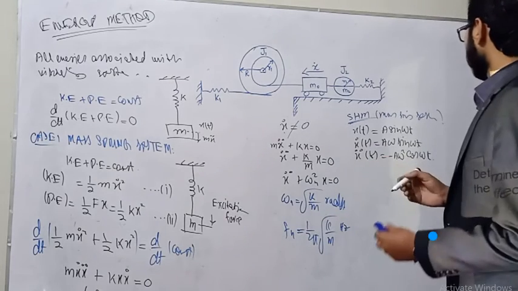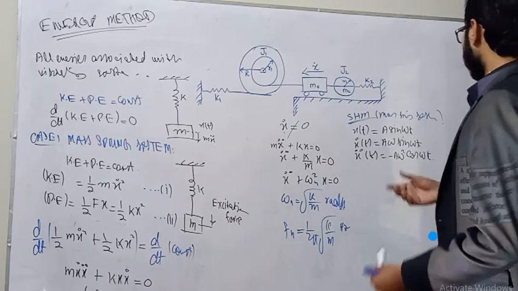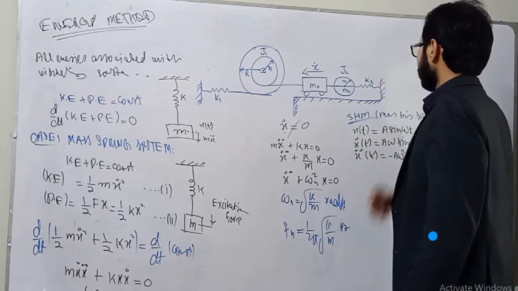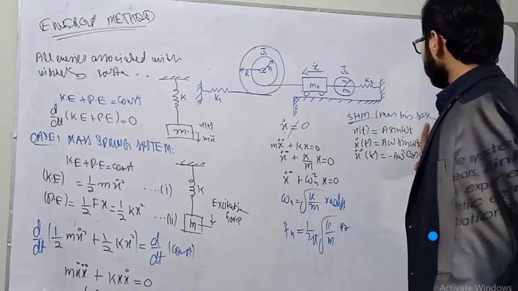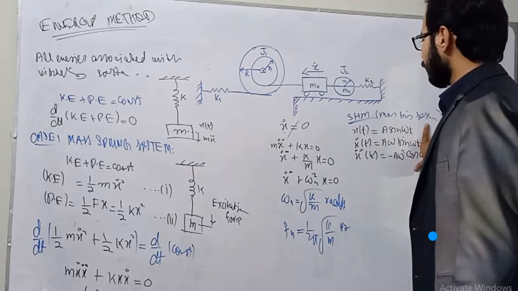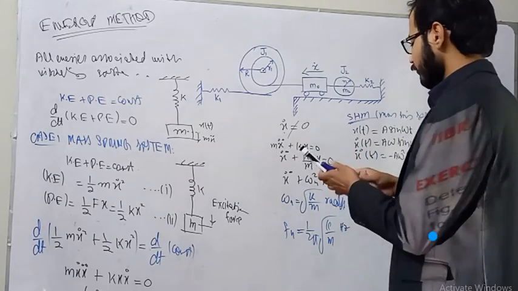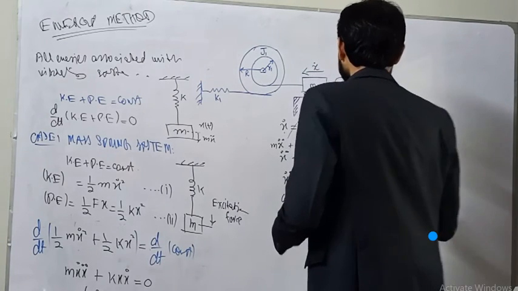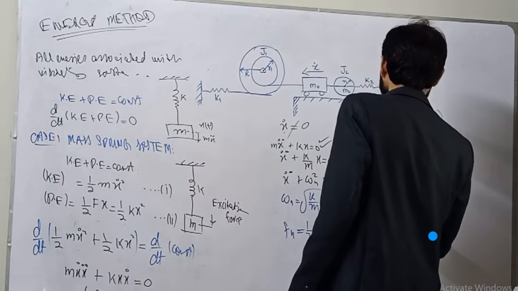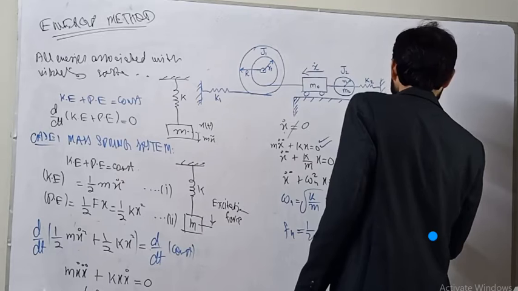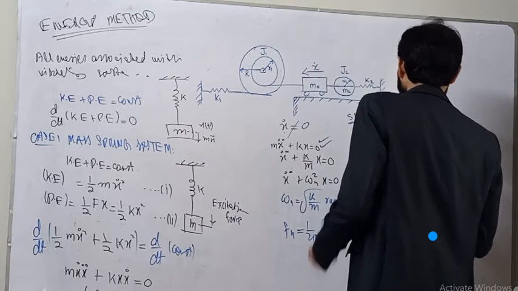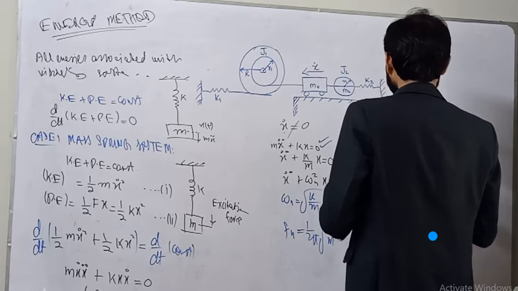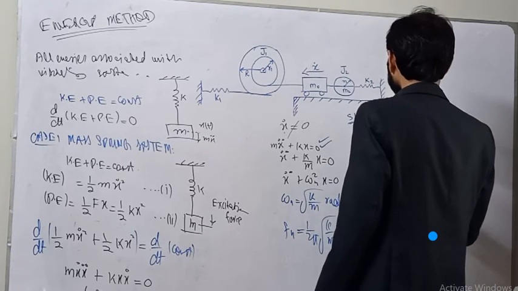Now we have x of t, x dot of t, and x double dot of t. So we have all the derivatives, and we can put them in the equation of motion that is derived here. So what is the equation of motion? We know that m x double dot plus kx is equal to 0. So I will put in these associated SHM terms.